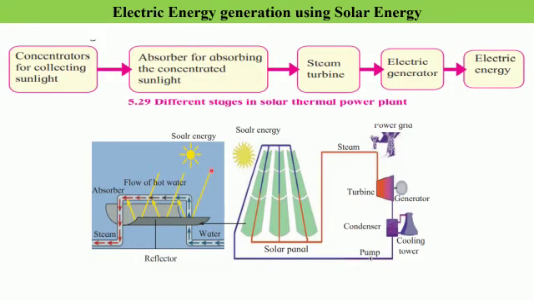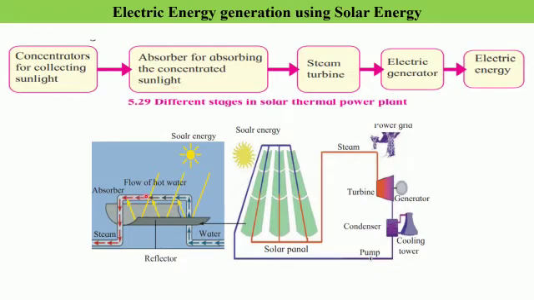So the heat radiations that we get from the sun fall onto these concentrators or reflectors or mirrors, and they get reflected. Now these reflected heat radiations fall onto the next part of the solar thermal power plant, which are called absorbers. So we need an absorber for absorbing the concentrated sunlight.